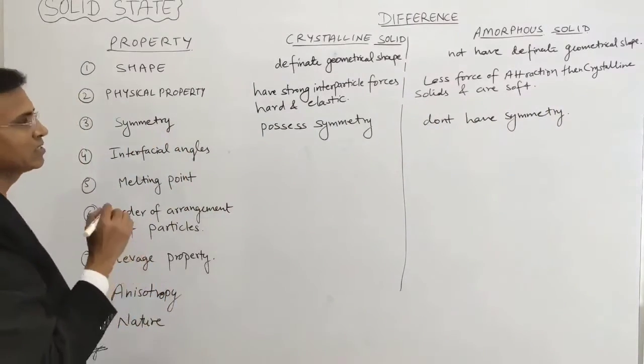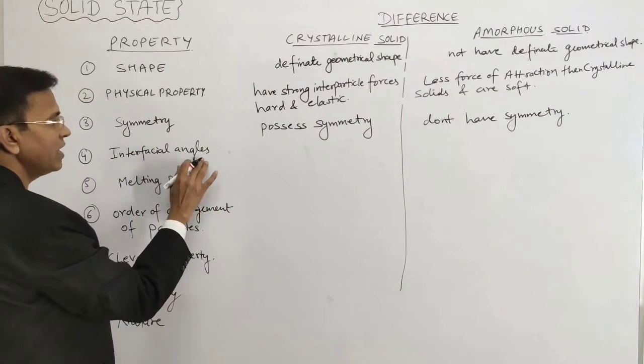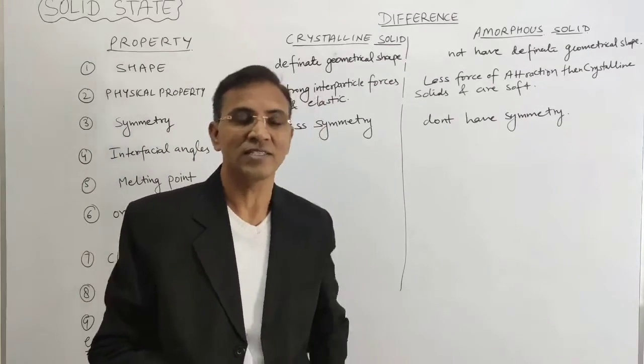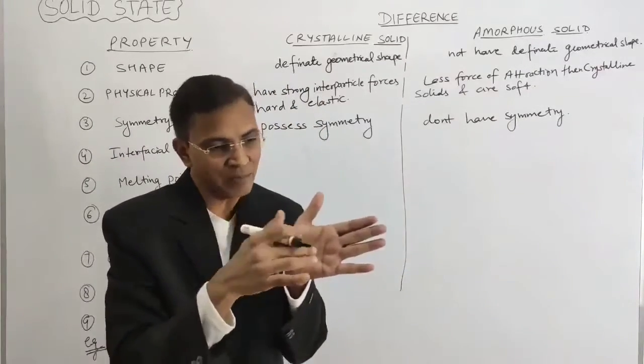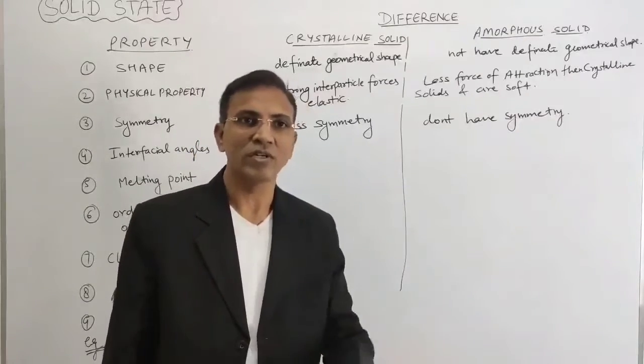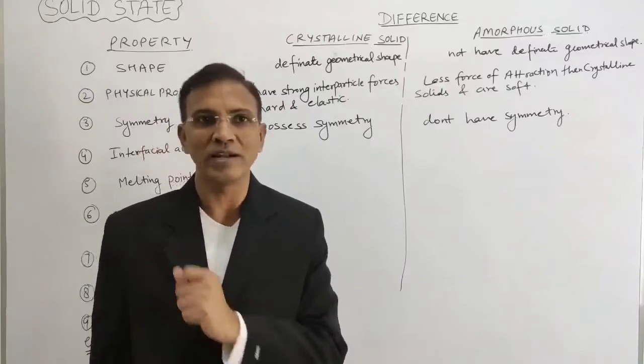Right? Now the next is interfacial angles. If you don't know what interfacial angles are, the angles between the planes are called interfacial angles, and ahead we are going to talk much more about it, right?